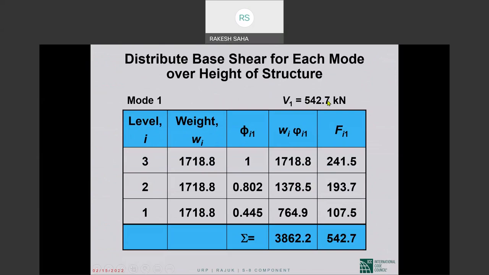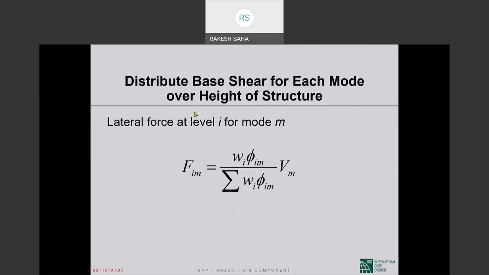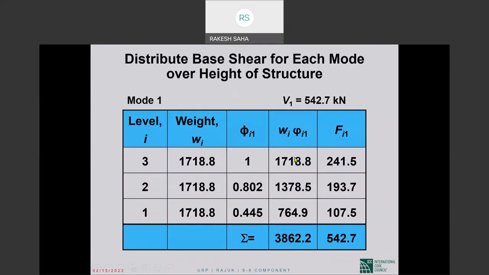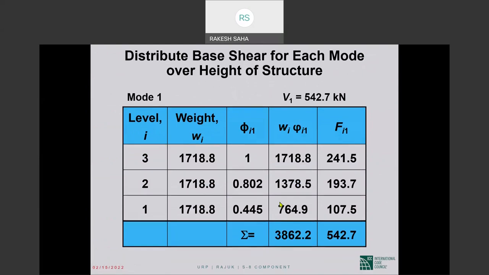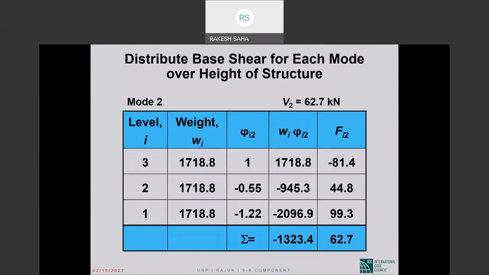The 542.7 kilonewtons of first mode base shear is distributed along the height of the structure according to this equation. I don't know how else to say it.